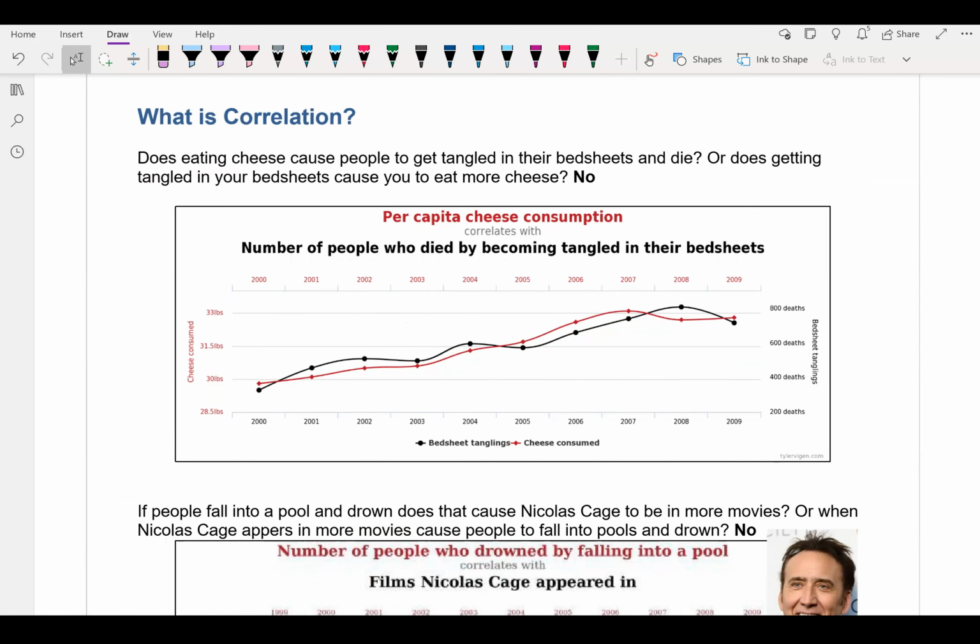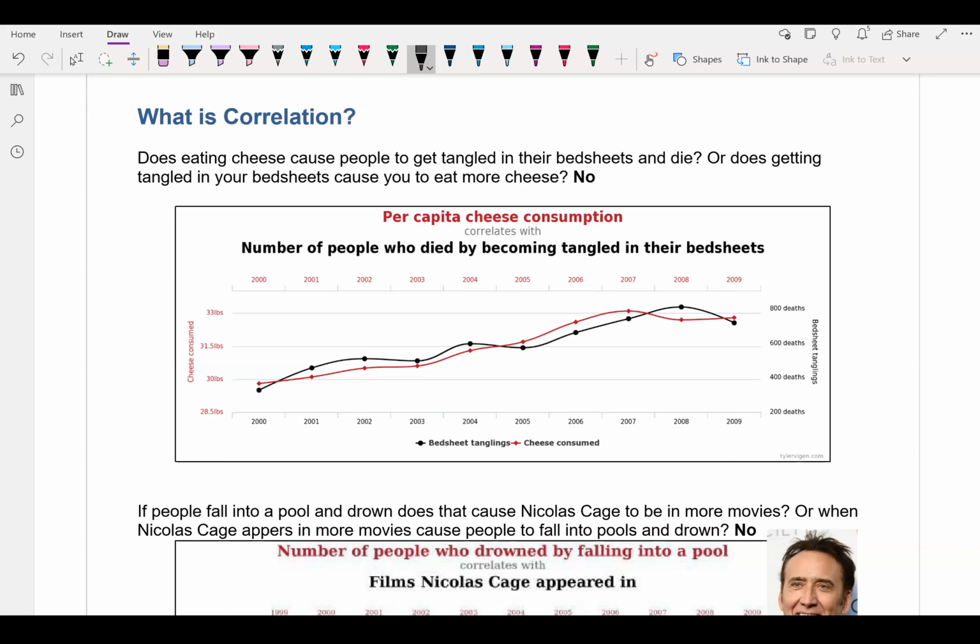Let's get into it. What is a correlation? Well, one way to explore what a correlation is, maybe, is to understand what a correlation is not, or what causation is and what causation is not. So for example, think about this. Does eating cheese cause people to get tangled in their bed sheets and die? Or does getting tangled in your bed sheets cause you to eat more cheese?